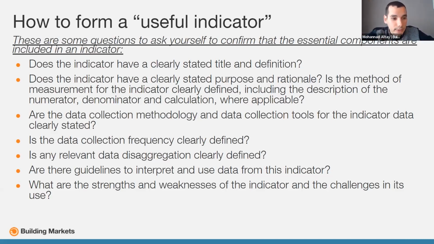And question number 6: are there guidelines to interpret and use the data from this indicator? Again, it is related to understanding the relevancy of the indicators that you are interested in. As I said, they all should be useful, they all should be important to us.